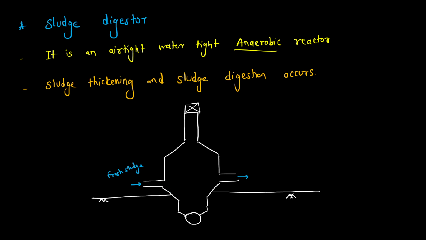The fresh sludge is present in this topmost portion. Below the fresh sludge, there is the digested sludge. Here there is digested sludge, this is fresh sludge.